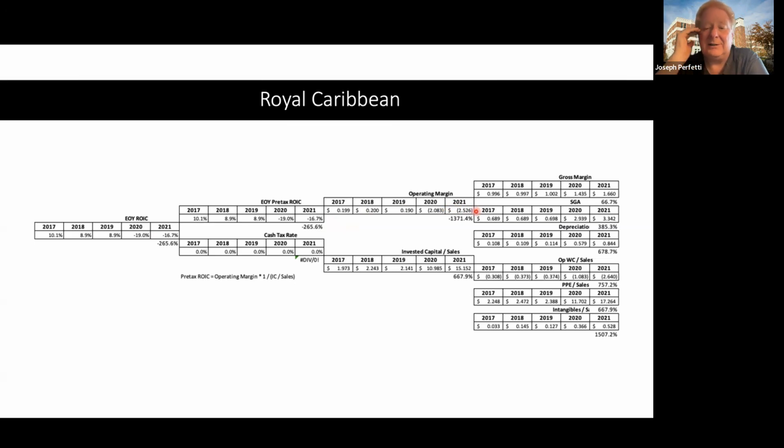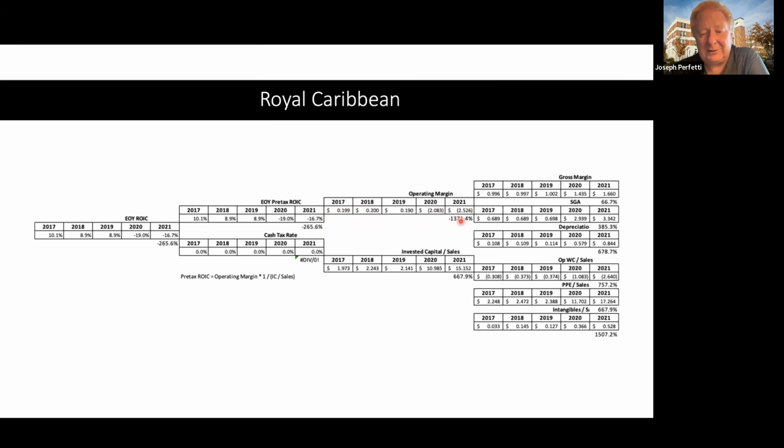So costs were somewhat fixed. So basically their SG&A, for example, as a percentage of sales looked sick, mainly because their sales had fallen off the cliff. But basically they went from making about 20 cents per dollar to losing almost $2 for every sale.